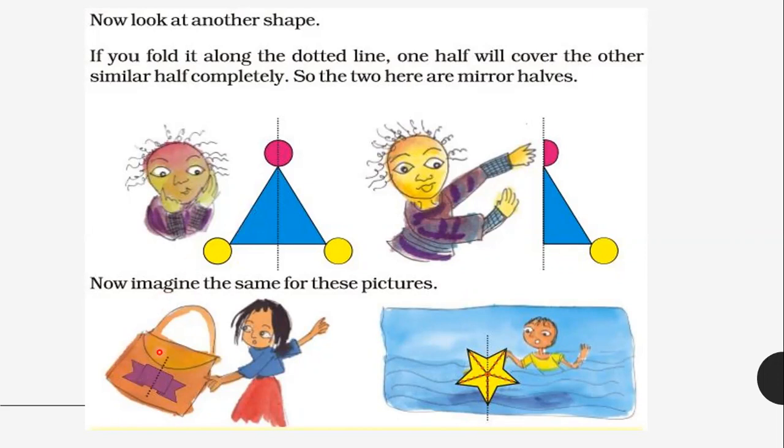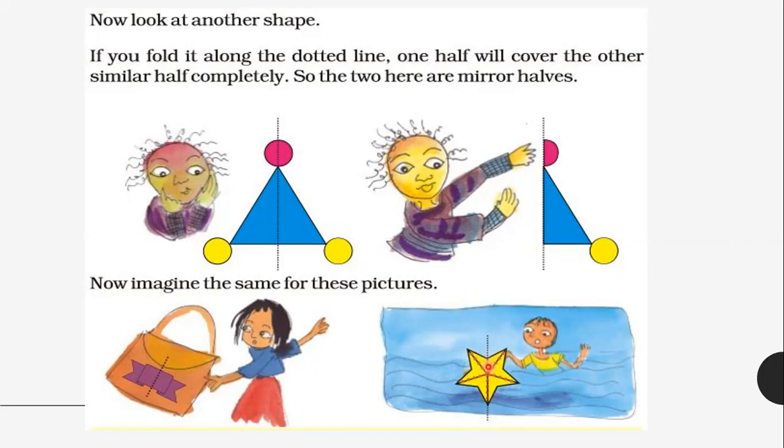Here also you can see through this line, we can divide the figure into two equal halves. That means this figure is also symmetrical. And now the figure of a star is given. Here also a vertical line of symmetry is given, right?